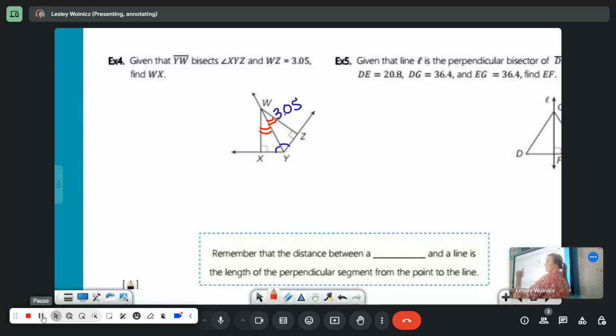Everybody see that? So I can use my, is it my converse? Okay, you can just tell by looking at it, what is it?